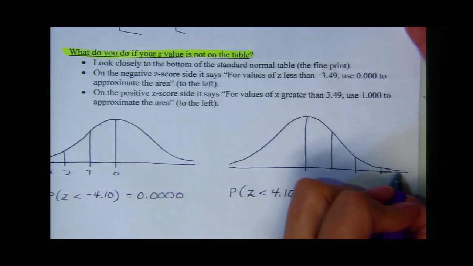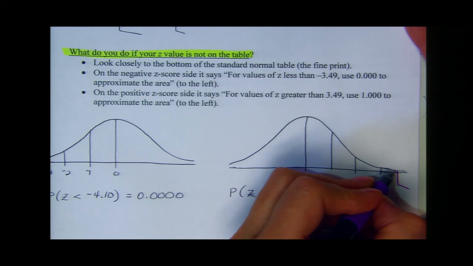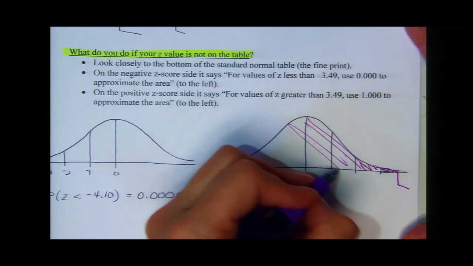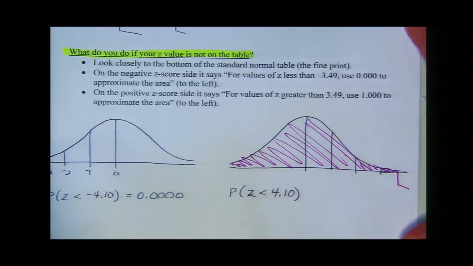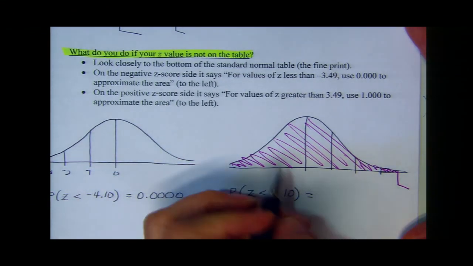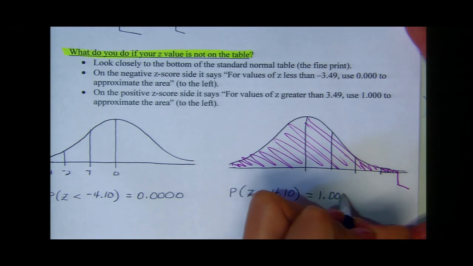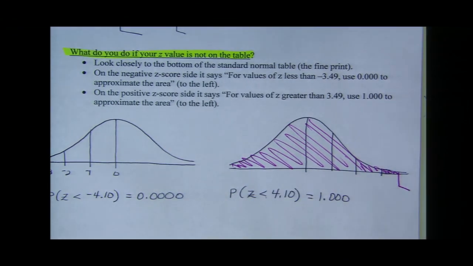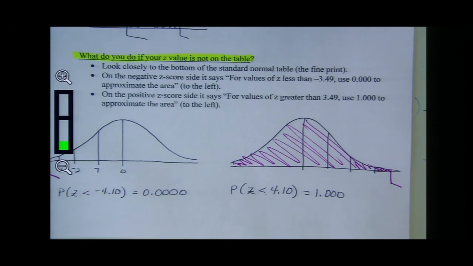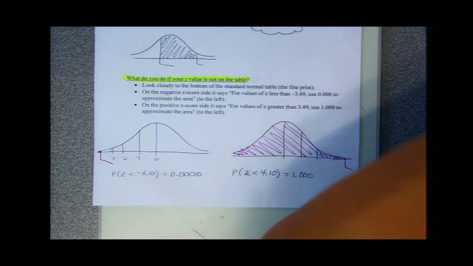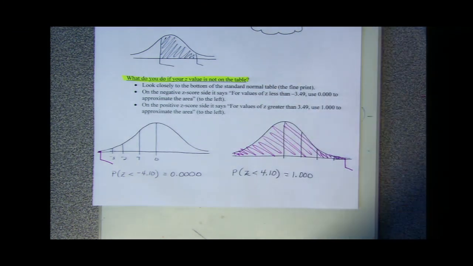It would be way out here, and then if I'm shading less than to the left, it would be shading all of this, and it says use 1. So in essence, we have the whole thing shaded in. So just be aware that doesn't happen a lot, but it could happen. All right, that completes 6.2.